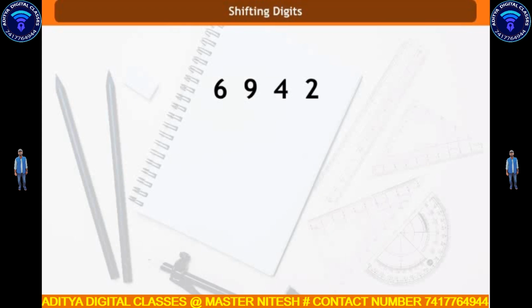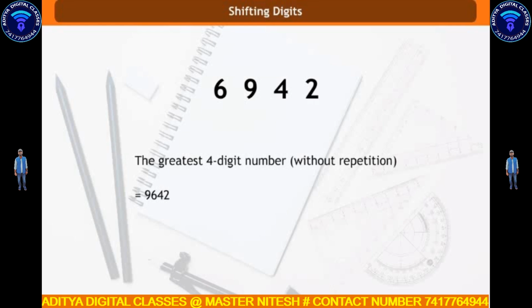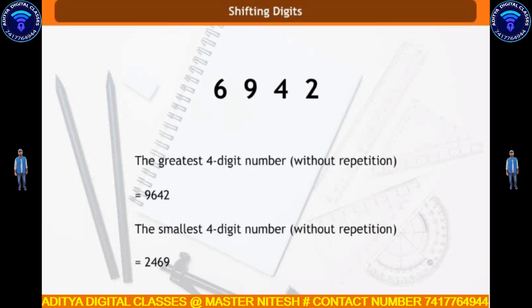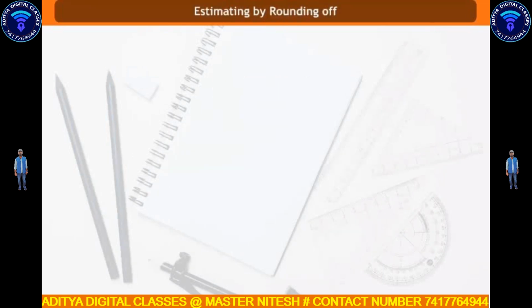We can arrange these digits to make the greatest and the smallest 4-digit number, such that no digit is repeated. So the greatest 4-digit number without repetition will be 9642, and the smallest 4-digit number without repetition will be 2469.